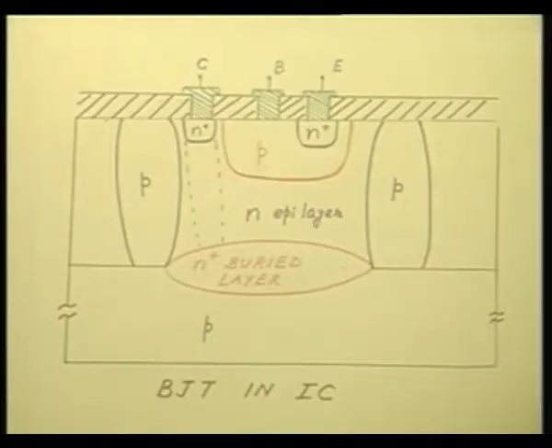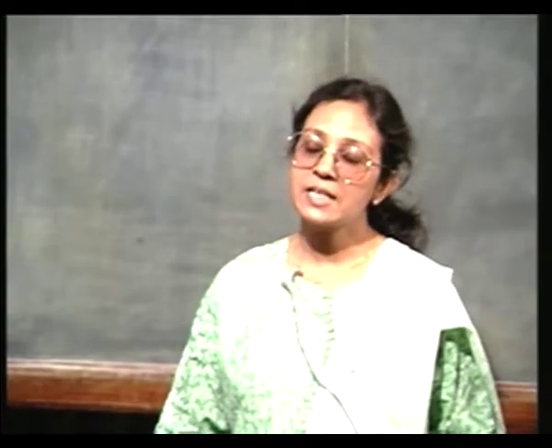Arsenic and antimony have the advantage over phosphorus in the sense that both of them have lower diffusion coefficients than phosphorus. And in that case also antimony is preferred over arsenic because you know arsenic is highly volatile.